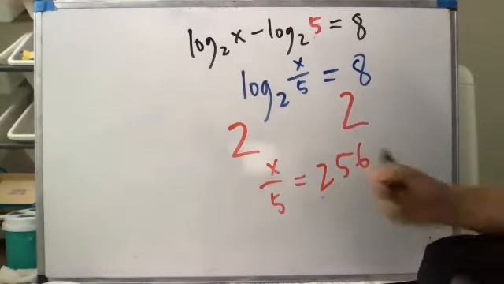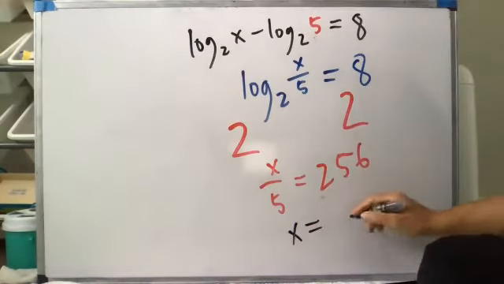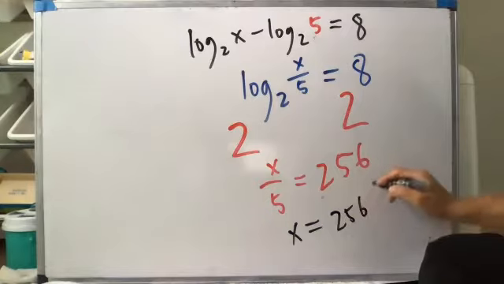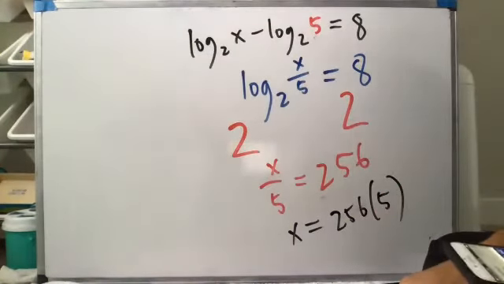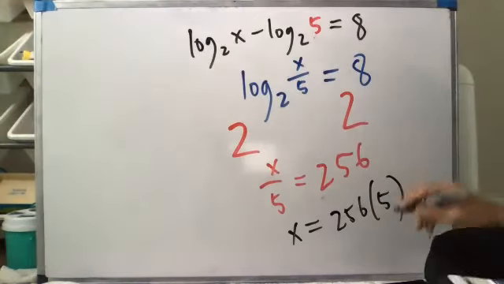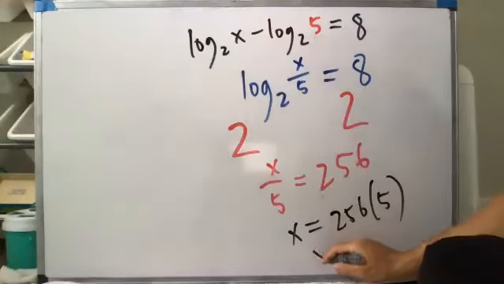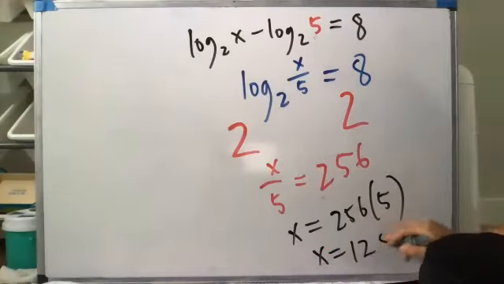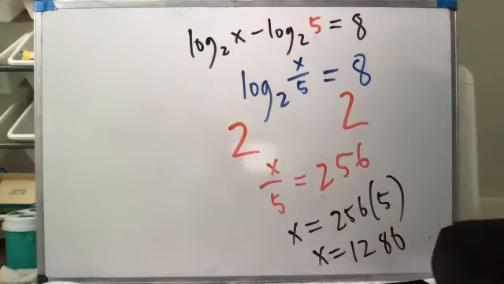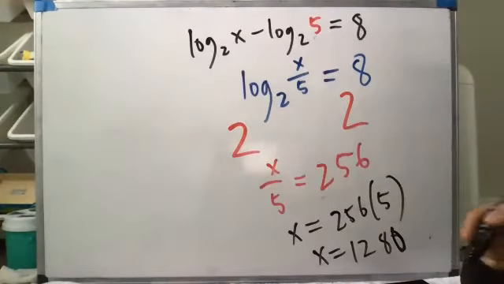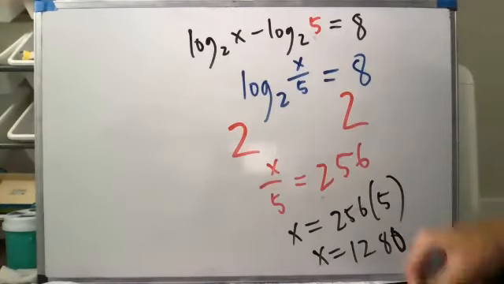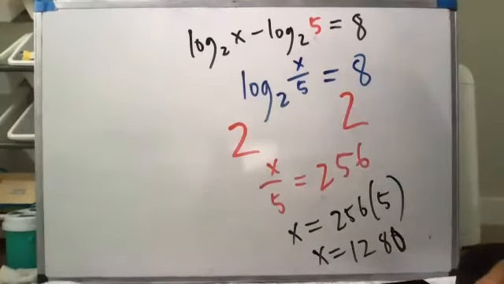So then x is equal to, or sorry, multiply by 5. 256 times 5, which is 1,280. So x is 1,280. So that would be how you'd solve that equation. That's all the tools, basically. Let's try the rest of the questions now.